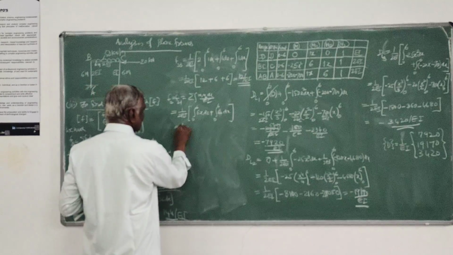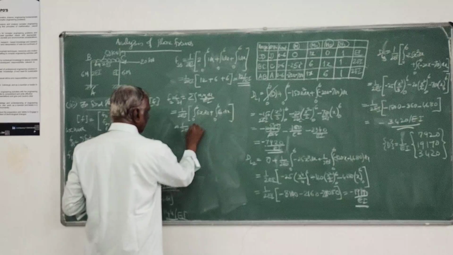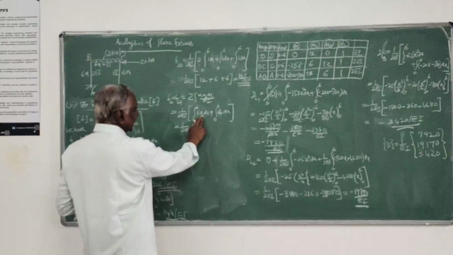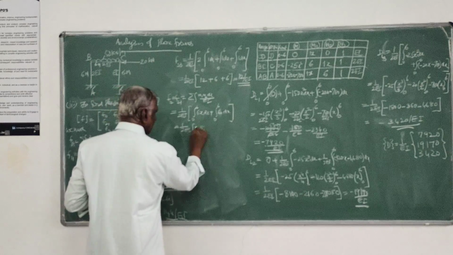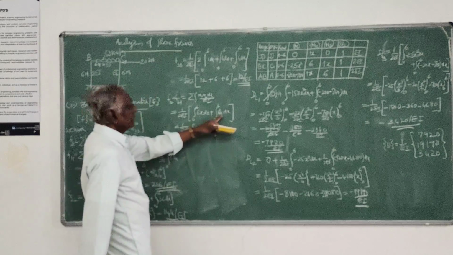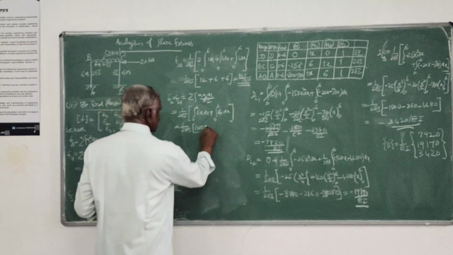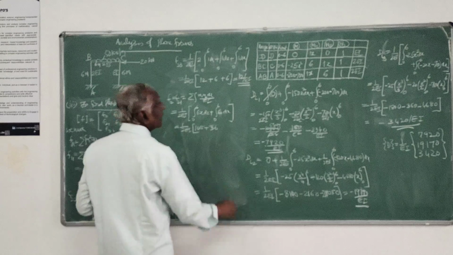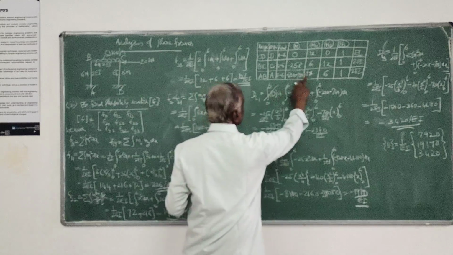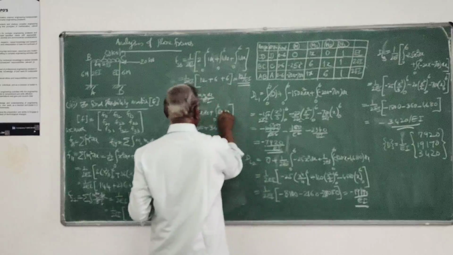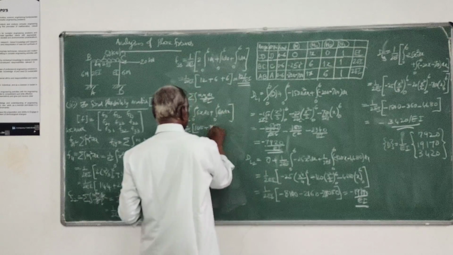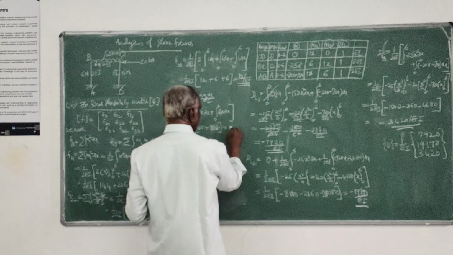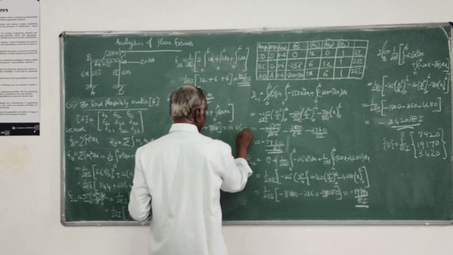So this is 1 over 2EI. This is x squared by 2, 36 by 2, 18 into 6, 108. This is 6x, that is also 6x, 0 to 6. That's also 108. So this is 216 by 2, that is 108 by EI.